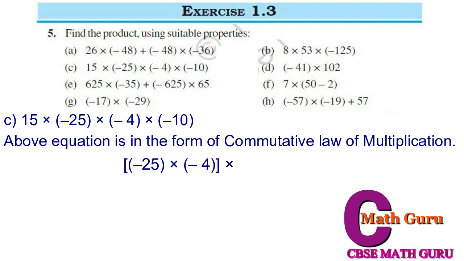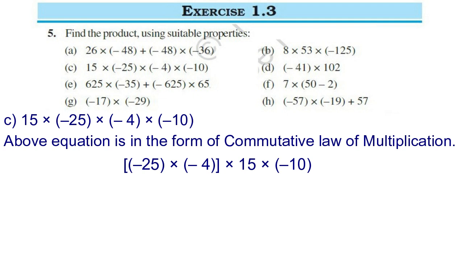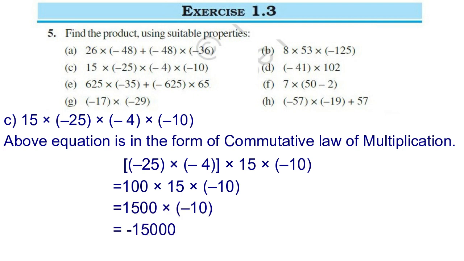Next we multiply 15 and after that minus 10. If you multiply minus 25 into minus 4, then we get plus 100. Now we get plus 100 into 15 into minus 10. 15 into 100, 1500, into minus 10 means minus 15,000.